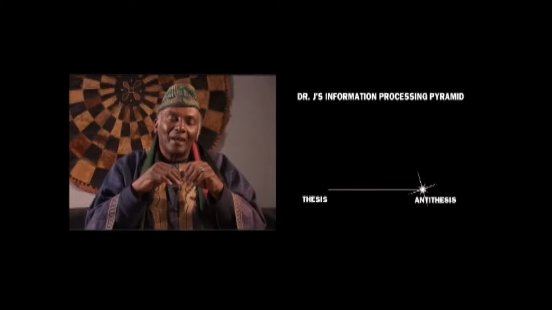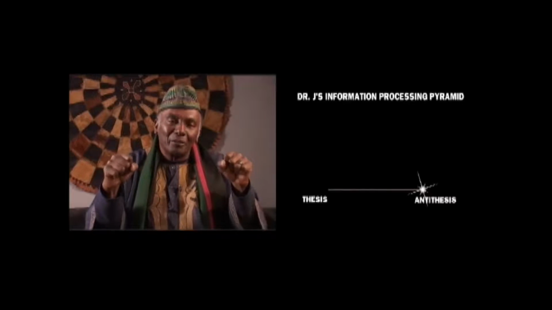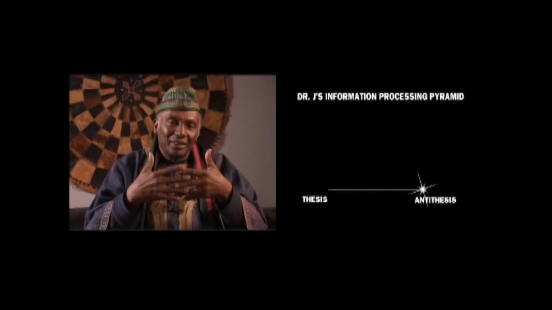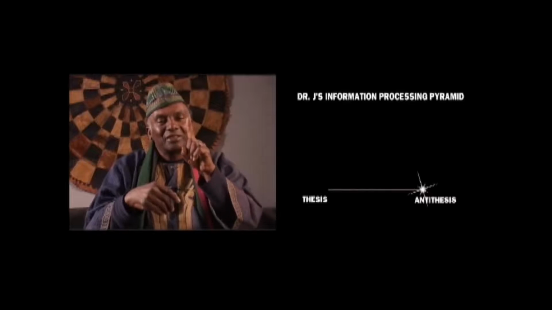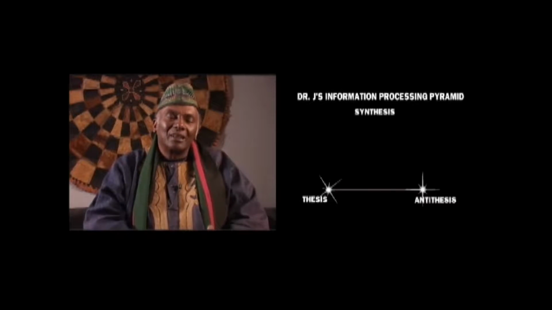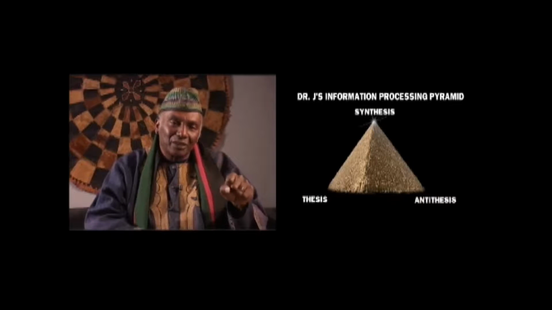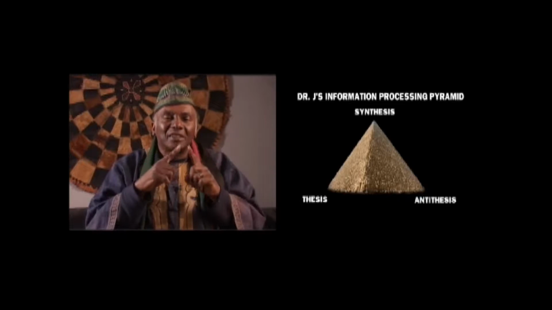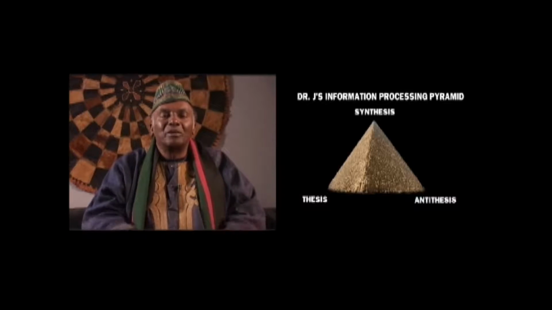So at the polarities of the pyramid, the foundation, you have thesis and antithesis. The interrelationship of the thesis and the antithesis produces a summit, and that summit is the synthesis. So this context of thesis, the foundation information, and the antithesis, complementary information, and the synthesis is where we have to go with this great knowledge.